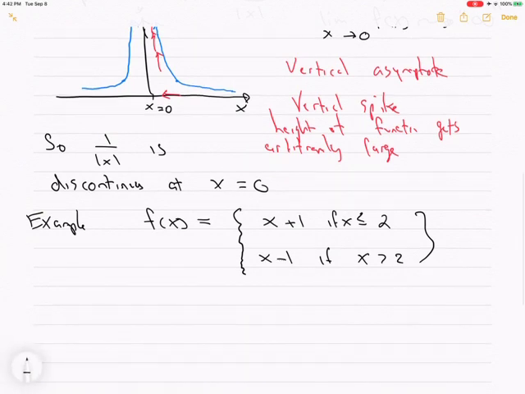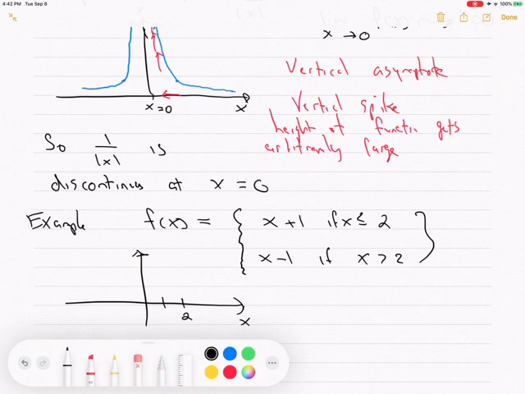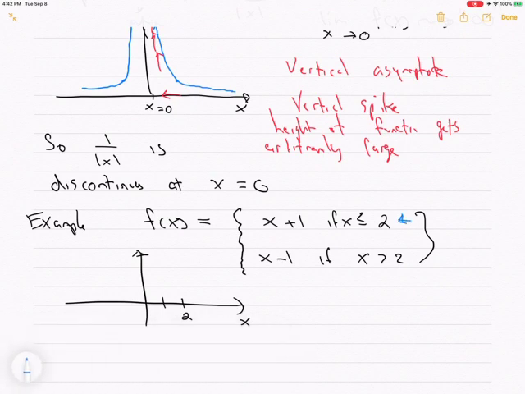So if you look at the graph of this function, something interesting happens at 2. If you're to the left of 2, then you're using x plus 1. So when x is less than or equal to 2, you're looking at the graph of y equals x plus 1.